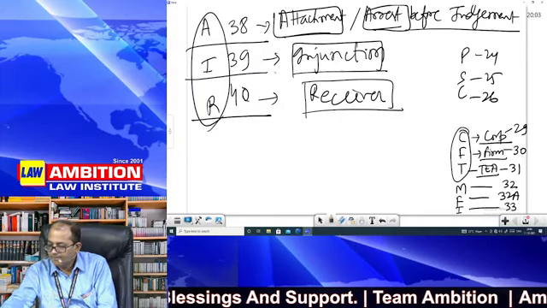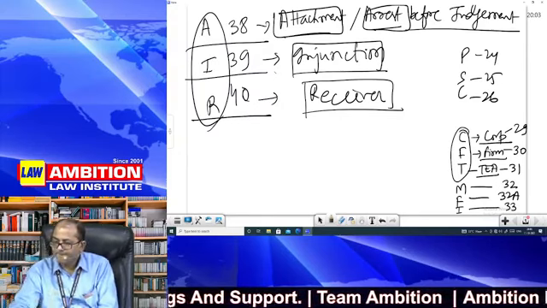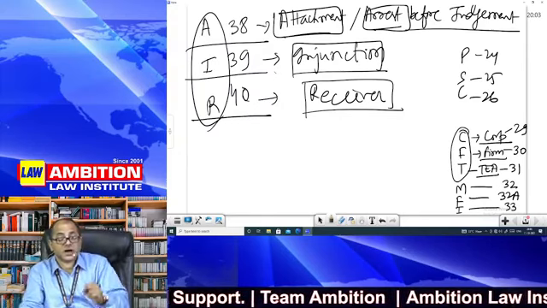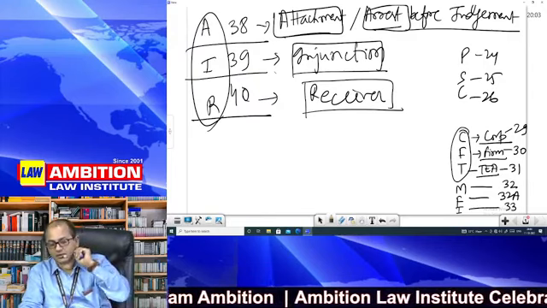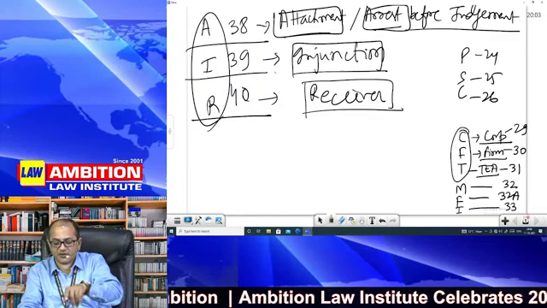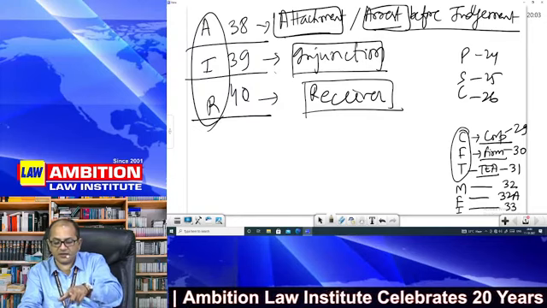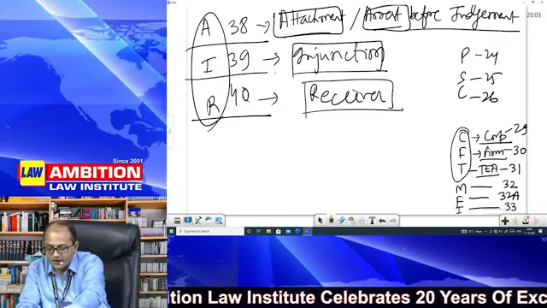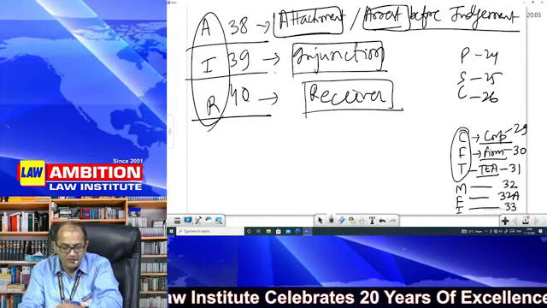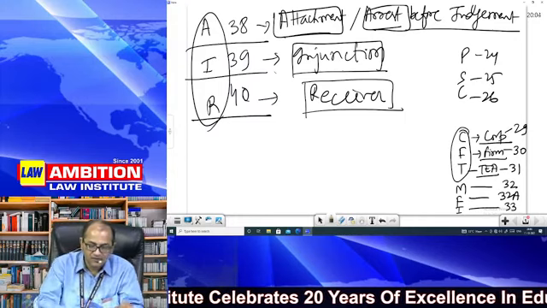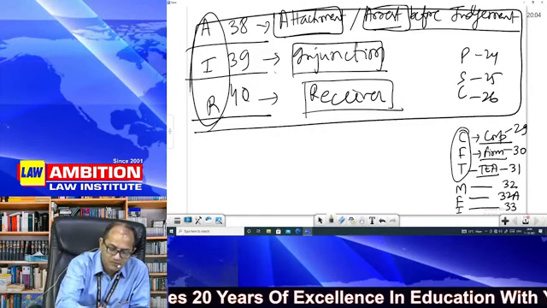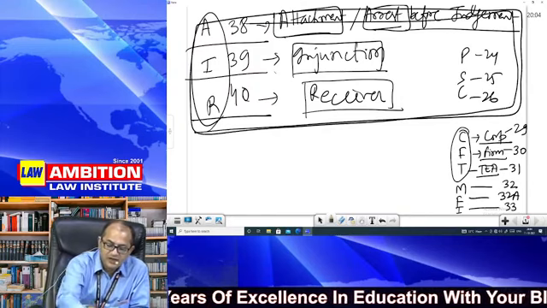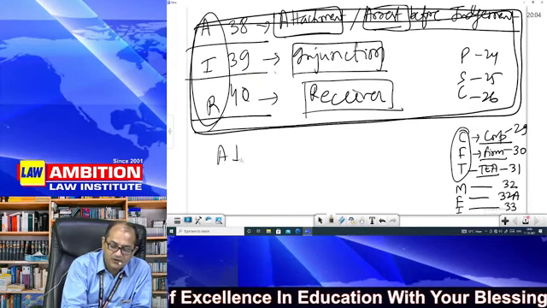Now we have to start from 41. This is the last part now. You will remember AIR, you will remember CFT, you will remember PSC, and you will remember these are entry orders. AIR and PSC are entry orders.